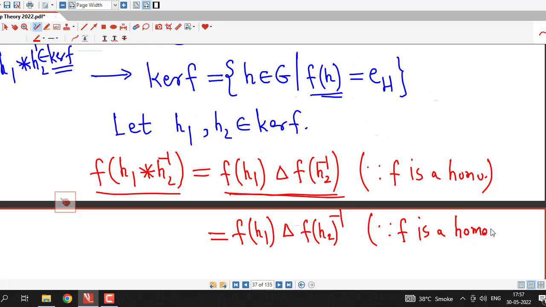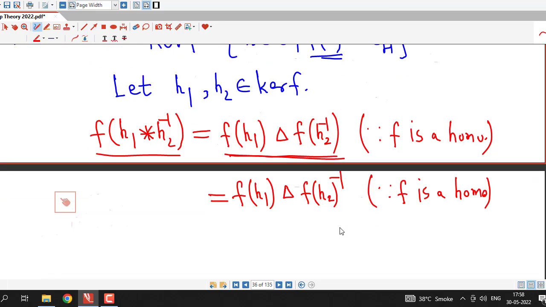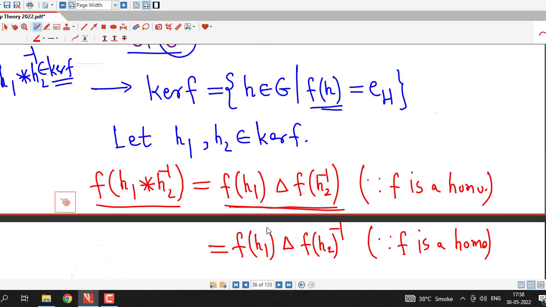We have shown in an earlier lecture this property, that F of A inverse equals inverse of F of A for any element A in group G. So using this property we can write F of H2 inverse equal to inverse of F of H2.